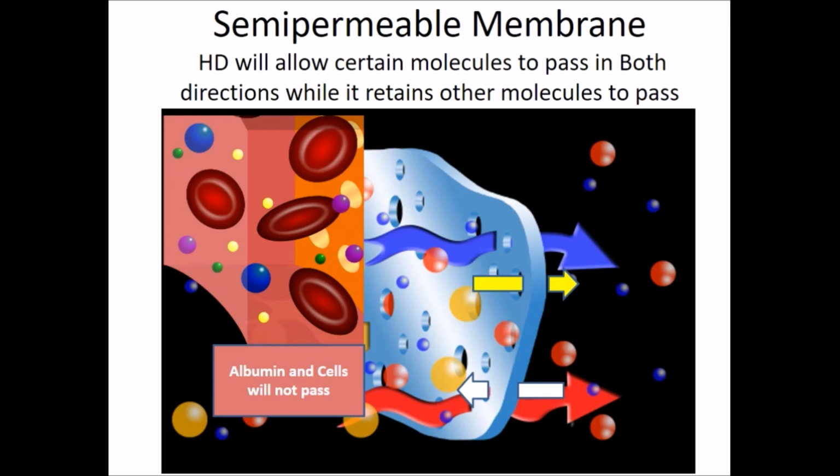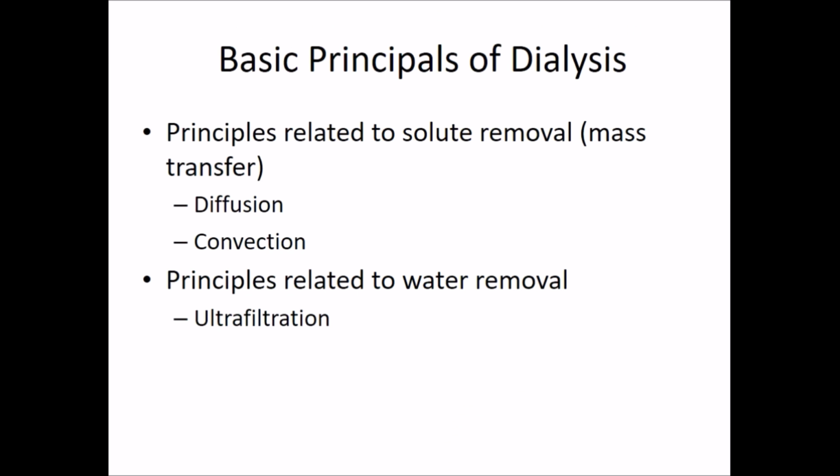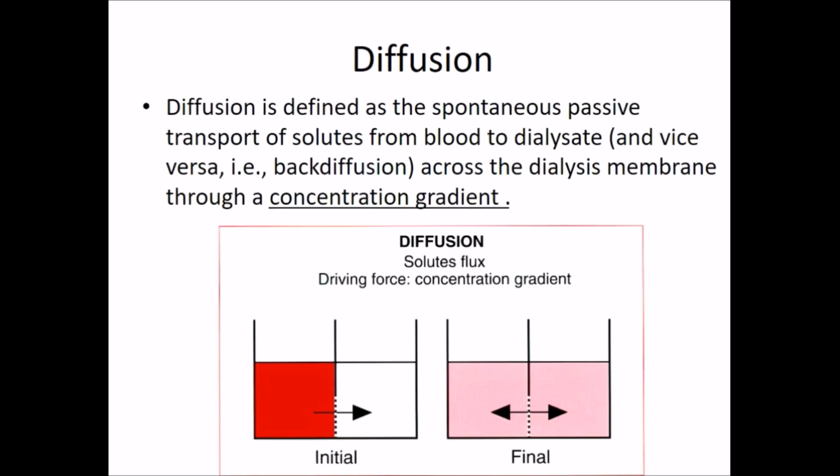Important and bigger molecules like albumin, as well as cells, are not passed. So the basic principles of dialysis are principles related to solute removal, like diffusion and convection, as well as the principle related to water removal, which is called ultrafiltration.